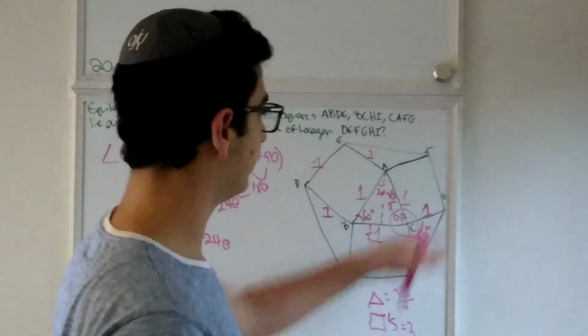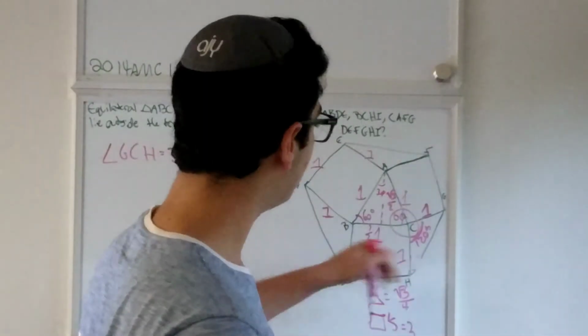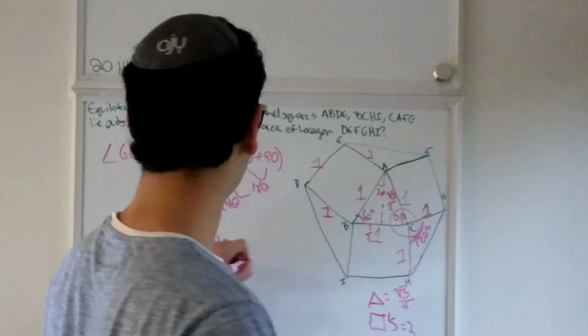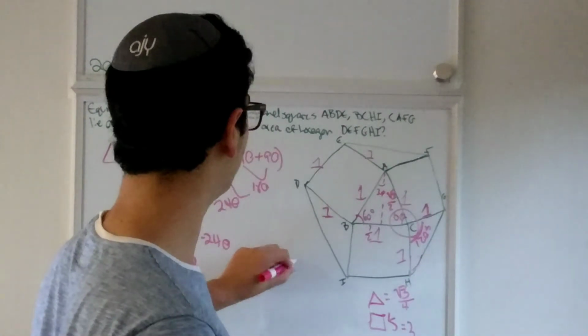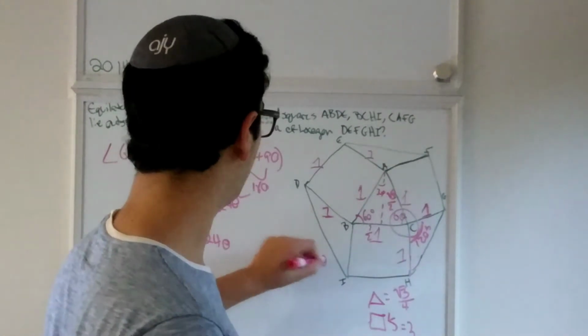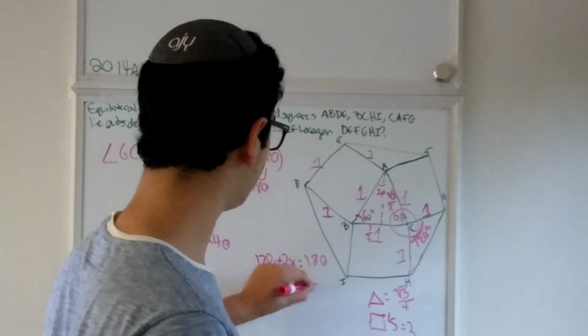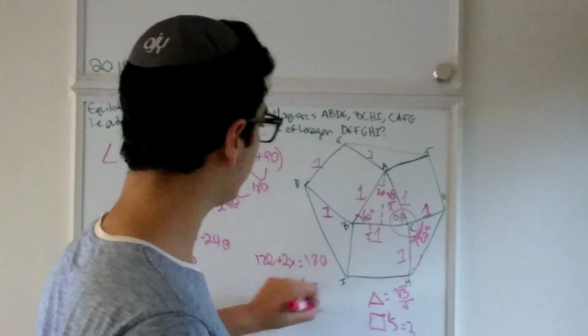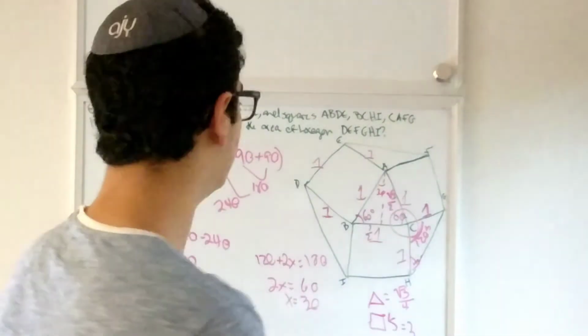They're both going to have to add up to, oh, not 60, what am I saying? They're going to have to add up to 180, so it's 120 plus 2 of the same thing equal to 180. That means 2 of whatever those angles are is going to be 60, which means that each of those angles is going to be 30 degrees. I don't know why I said 60, sorry about that.